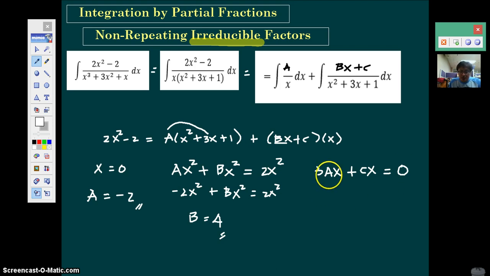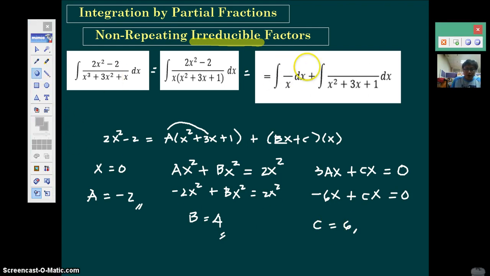So if a is negative 2, this must be negative 6x, then plus cx equals 0. That only means that c is 6. So now we have the values of a, b, and c.